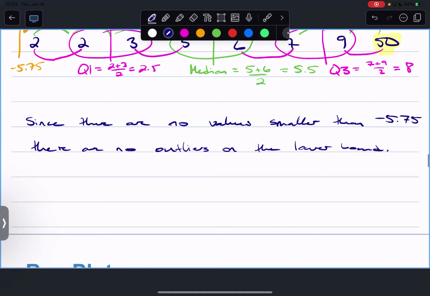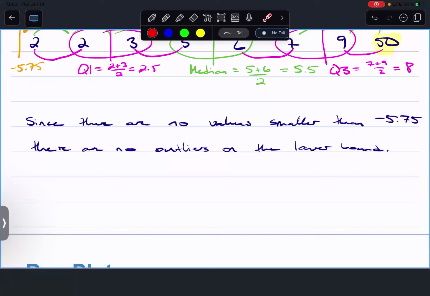I do want to say that although it seems tedious to write this all out, you might be tempted to say something like, therefore no outliers. And that's all fine. You know what you're doing. But what's your job? It's to communicate to someone else why there are no outliers. And that someone else is me in this case.